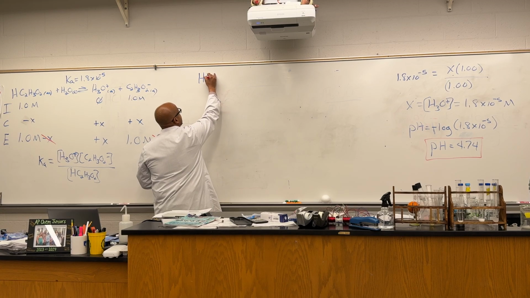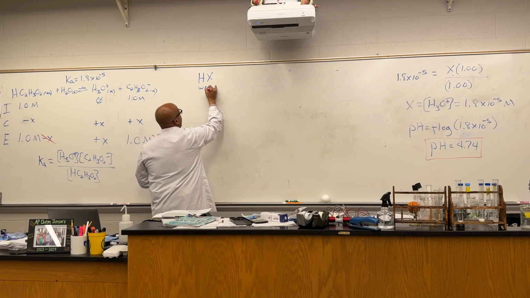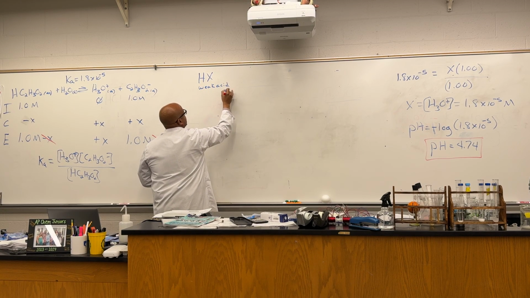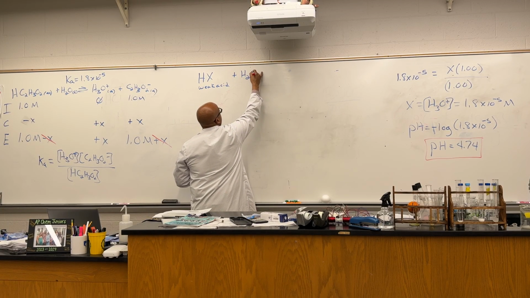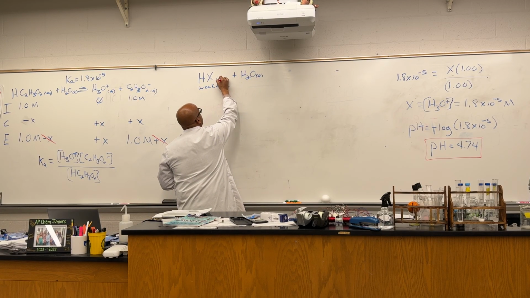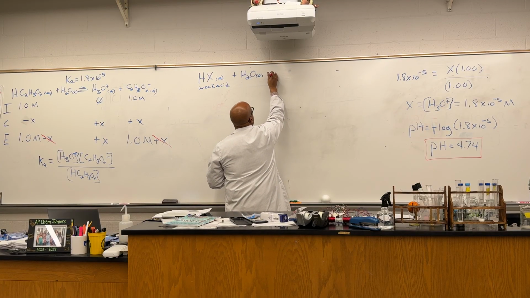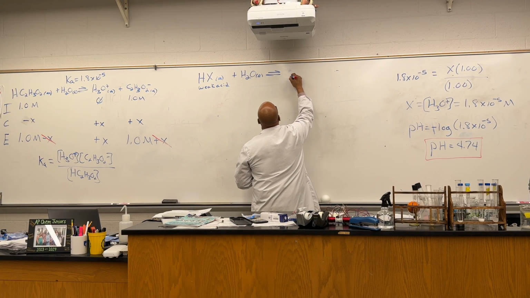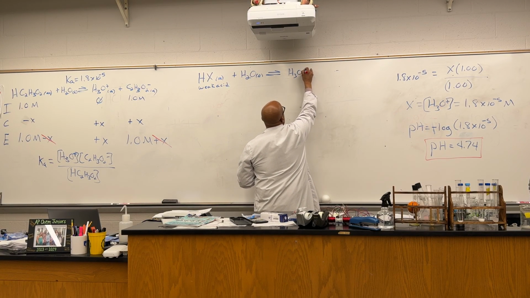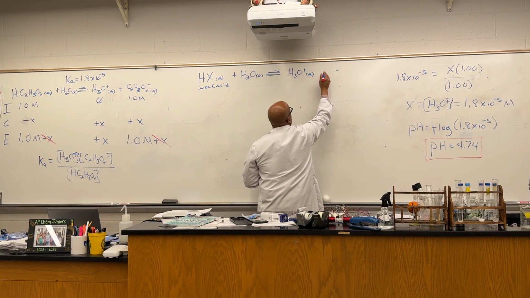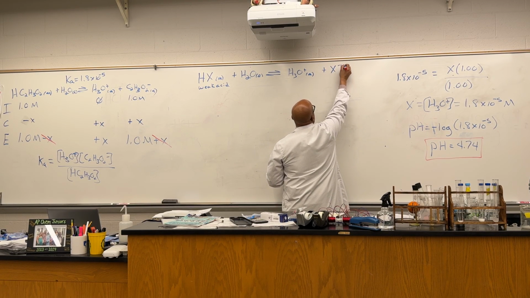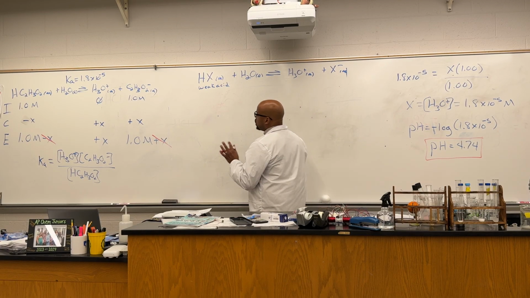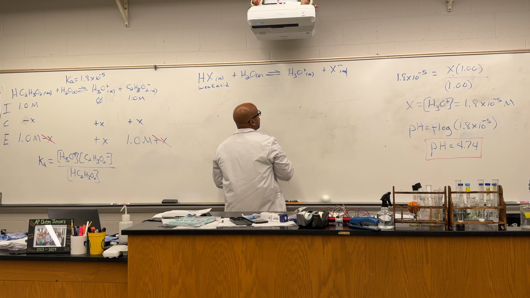I'm going to call it HX. This is my weak acid, plus H2O as a liquid, going in equilibrium to produce H3O plus aqueous, plus X minus aqueous. So just a generic sort of buffer solution.